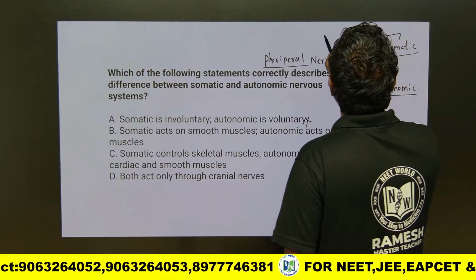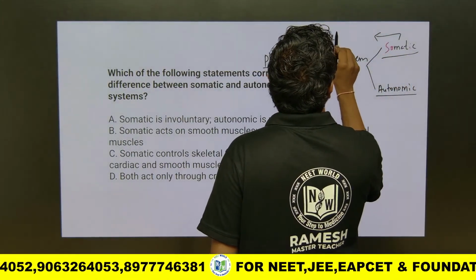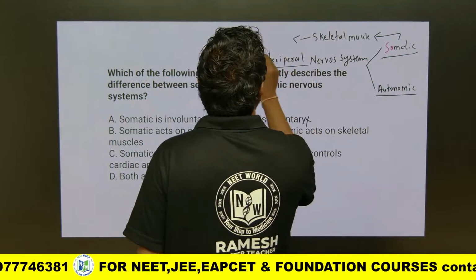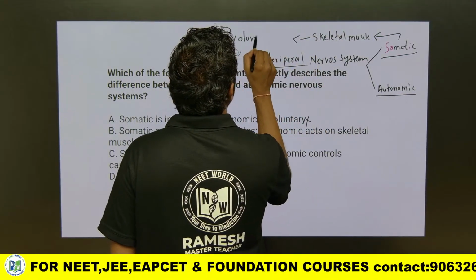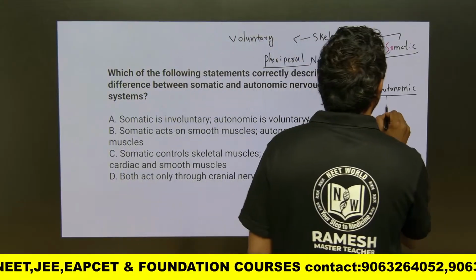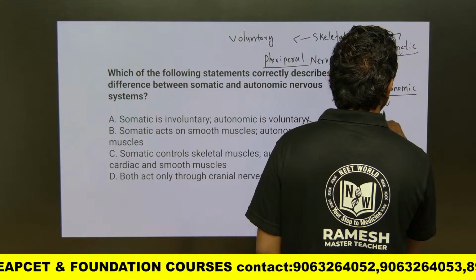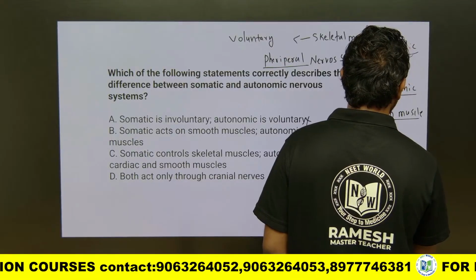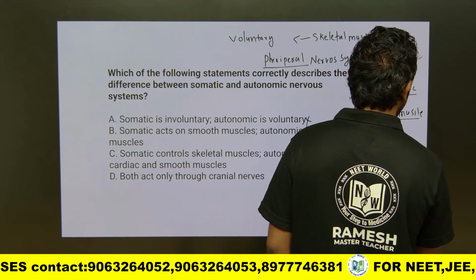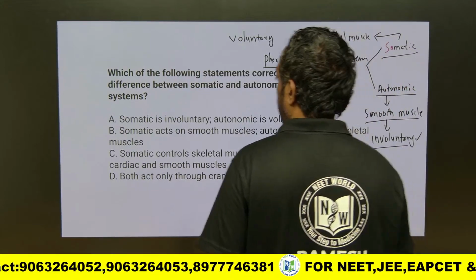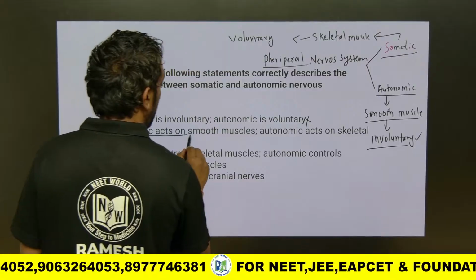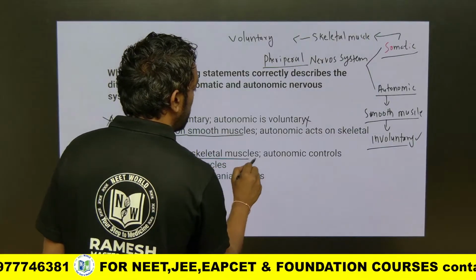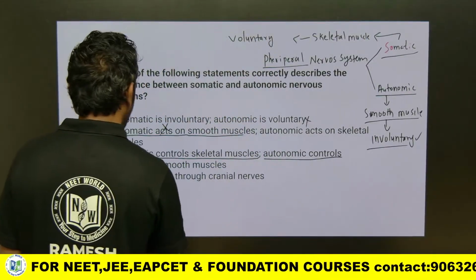Somatic always involves skeletal muscle, which means voluntary. The autonomic nervous system involves smooth muscle, which is involuntary, and they cannot control it. The statement that the somatic nervous system acts on smooth muscle is wrong. The somatic nervous system controls skeletal muscles, and the autonomic nervous system controls cardiac and smooth muscle.